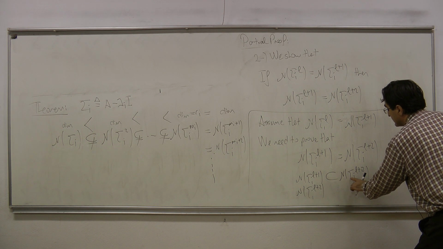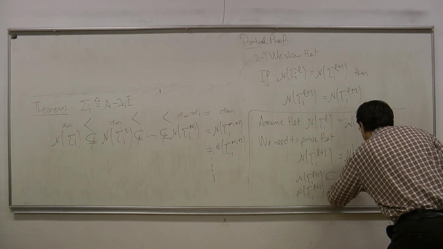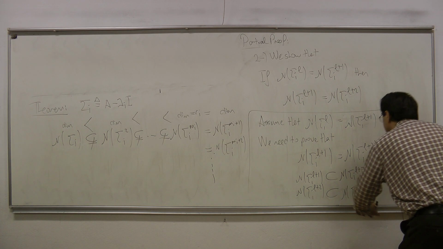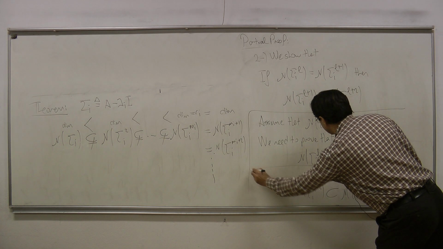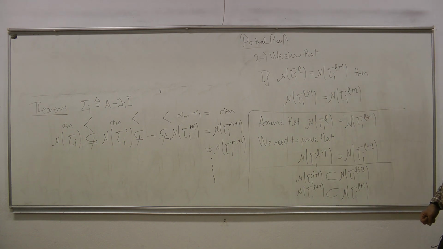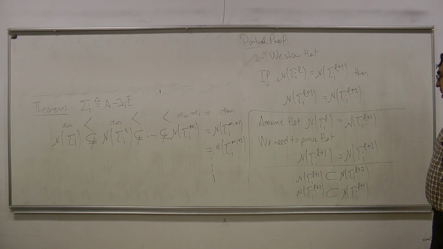So I need to show that this is also a subset of the null space of sigma I to the L plus 1. If I can show that both of these subset relationships hold under this assumption, then I am done.